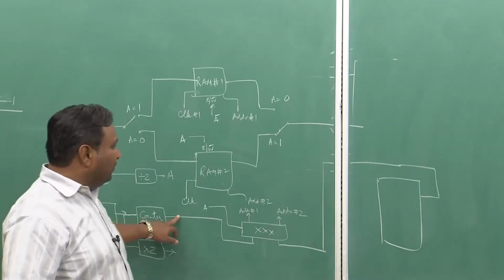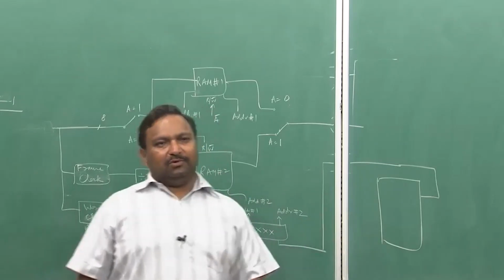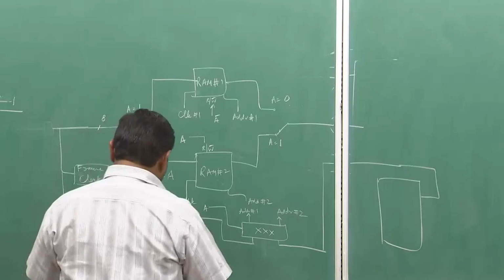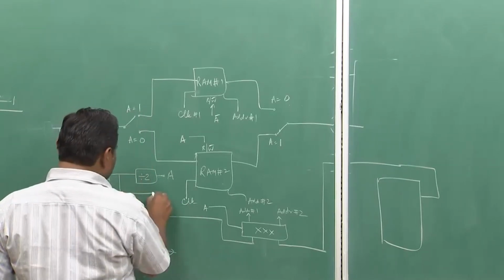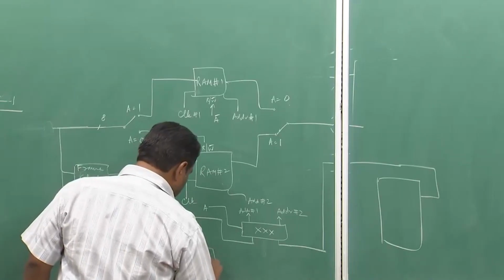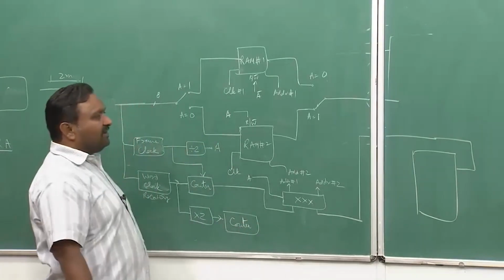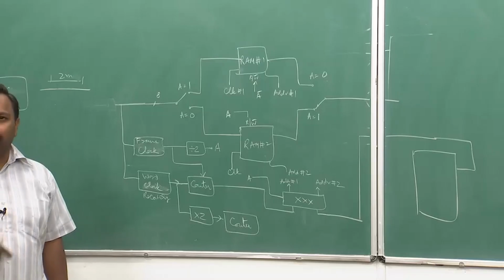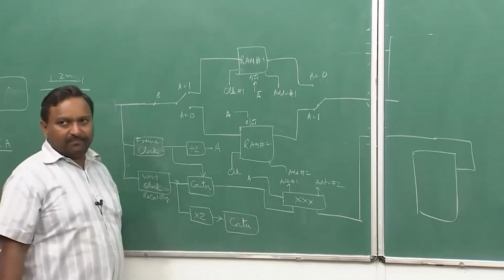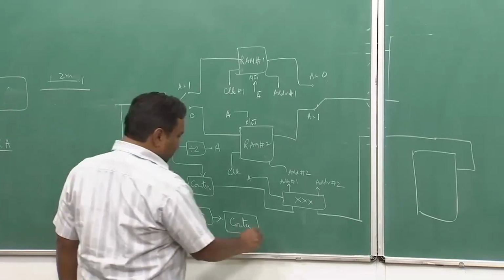Now this counter value actually you cannot pass on to this control memory, you require a different counter, okay. So this frame clock will be used to reset here. There is another counter which I will put. This counter will count for twice the number. If this counts from 1 to 8, this will count from 1 to 16, okay, this is double the size actually.